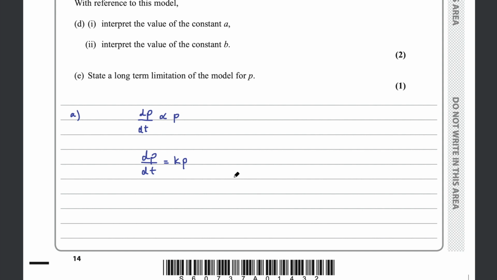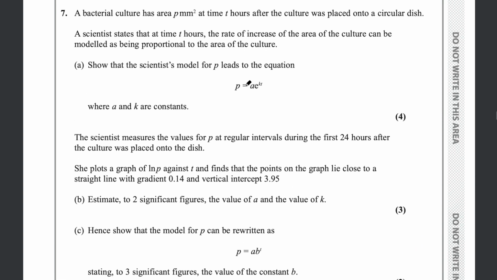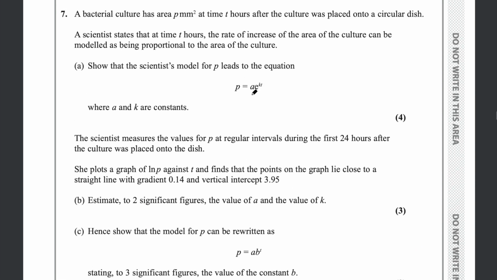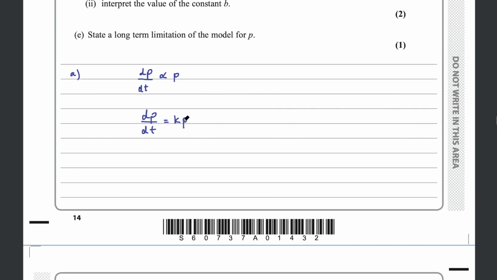Now we need to do a bit of algebraic manipulation, because if we want to get p equal to something e to the power of something, we need to basically make p the subject of this equation. And also we need to introduce a log somehow.